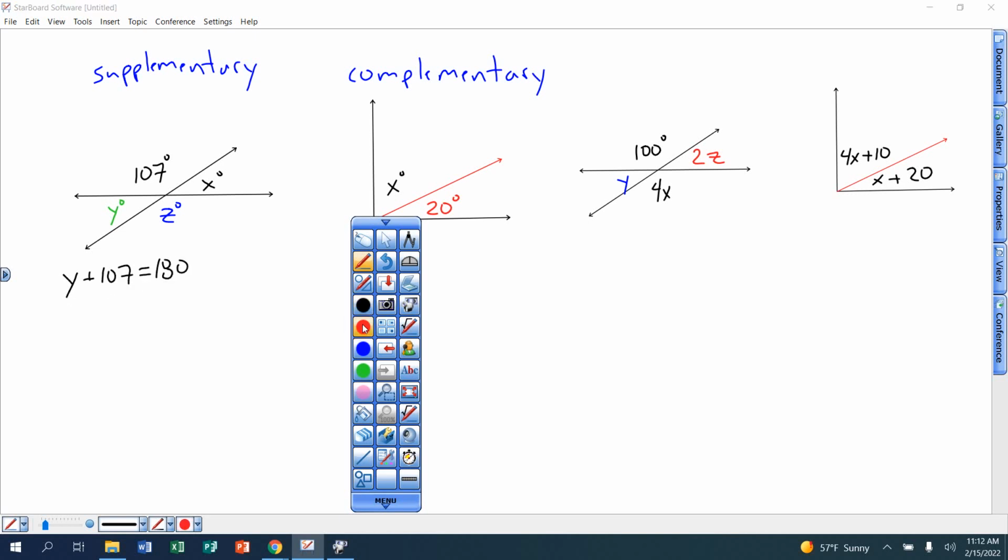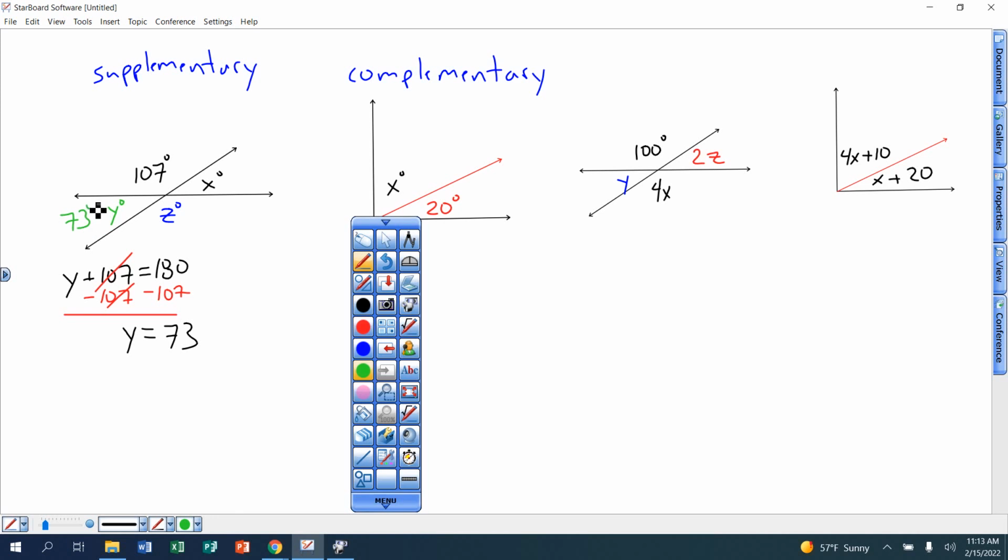Take away 107 from both sides, and it will give you what that angle for y has to be. And I think that is 180 minus 107 is 73. So you know that that angle y is 73 degrees.